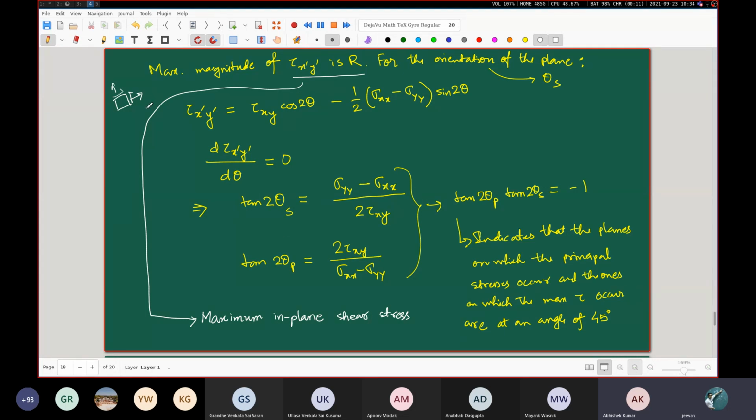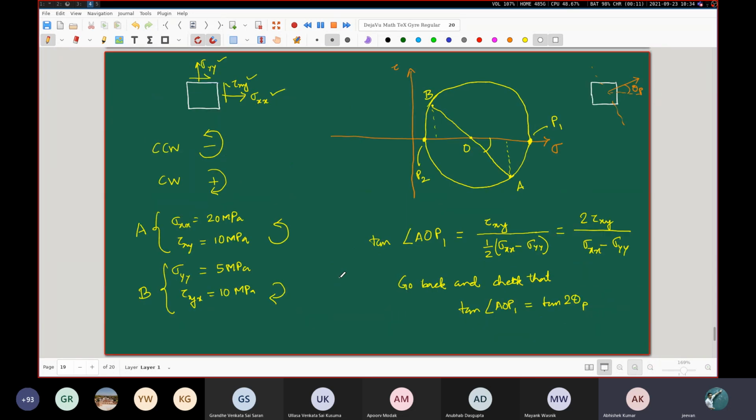That means that when you are drawing a stress element like this, actually it is something like this. When you are drawing a stress element in the form of a square, what you are actually drawing is a very thin element. Remember that we were considering plane stress cases. This is the thin element.